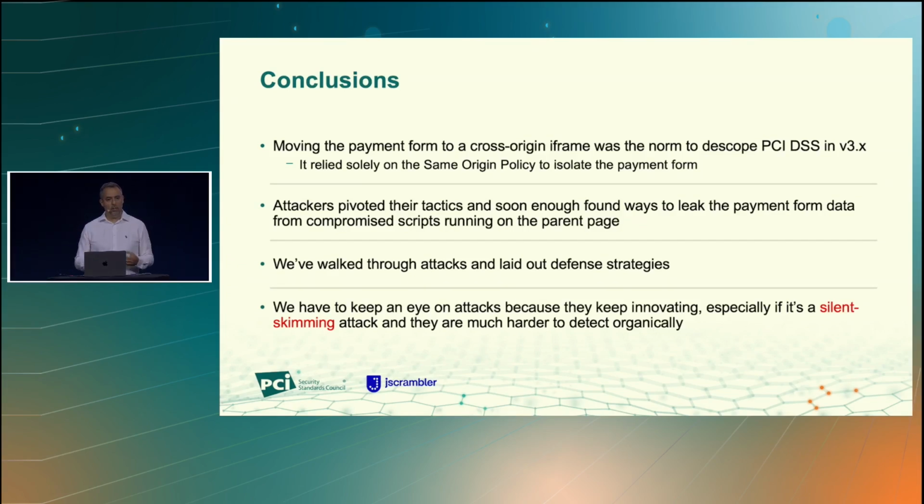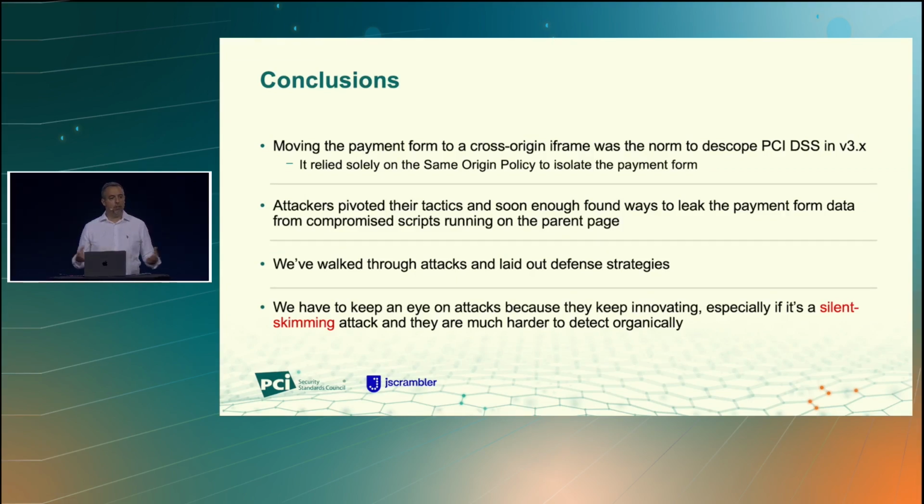So they found ways to still be able to skim the data, even if you are using a cross-origin iframe of the payment form. These attacks were already possible in DSS version 3, but we weren't really that aware or addressing this type of attacks. But we now know, and that's one of the motivations for the 2 new e-skimming requirements in DSS v4 being applicable in SAQ-A, okay?